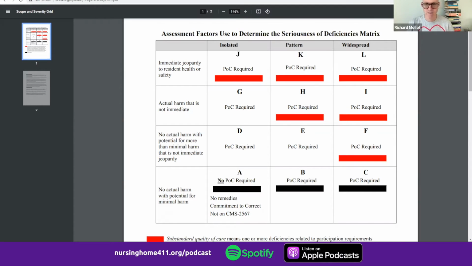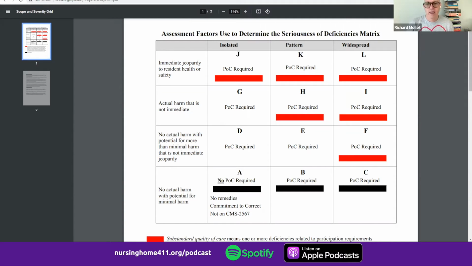severity matrix. So what happens is when a facility is inspected by a surveyor, whether it be for an annual inspection or for a complaint investigation, the surveyor is looking to see, is the facility in compliance with federal standards and any standards that exist within the state.